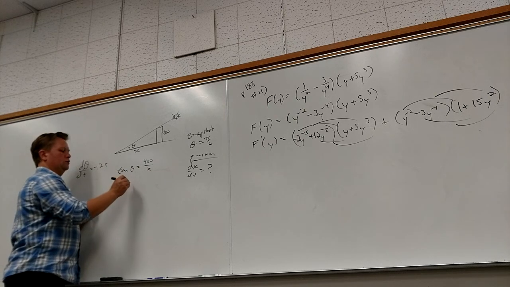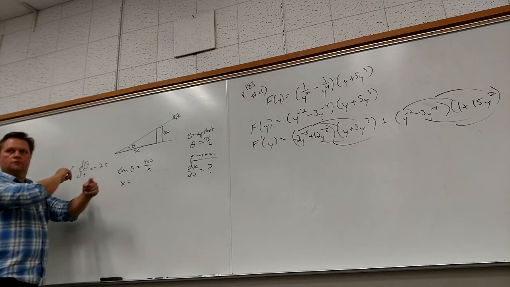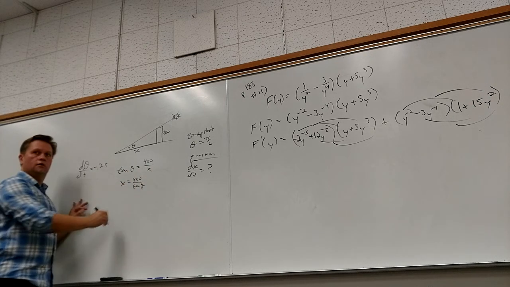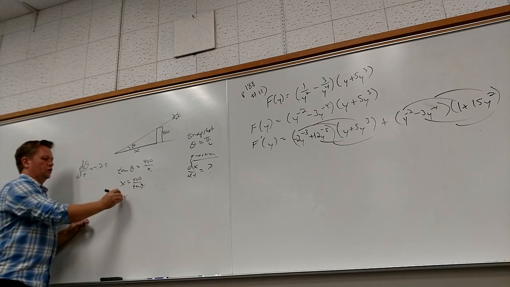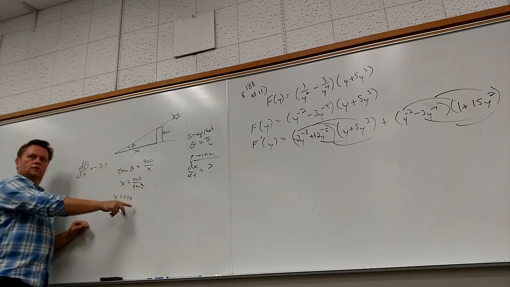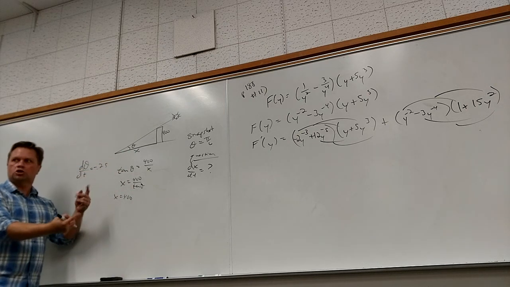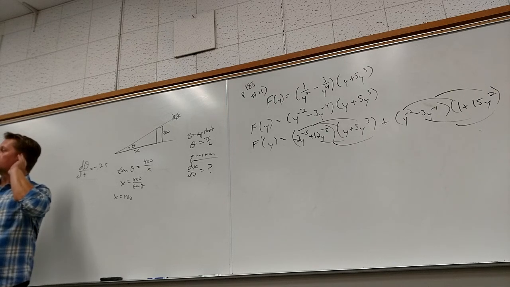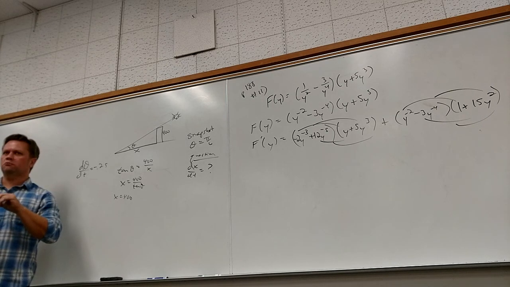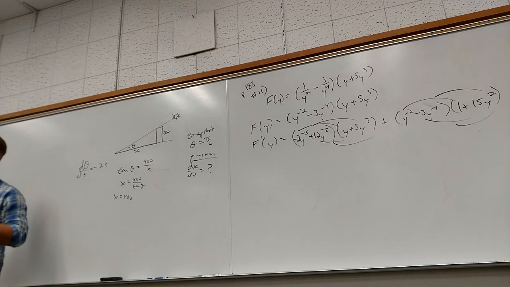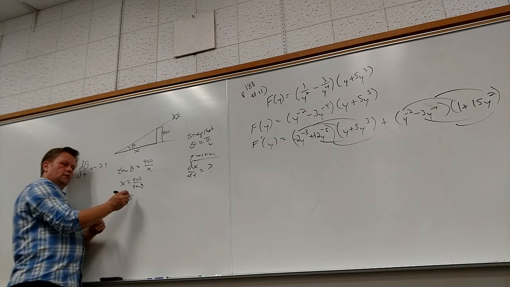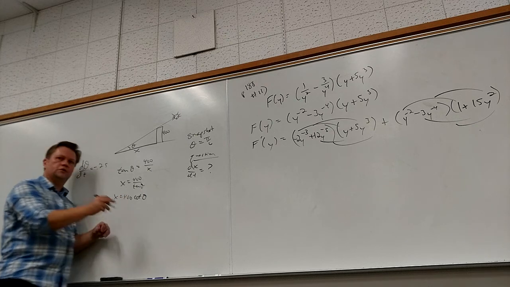So x equals 400 over tangent theta, or otherwise x equals 400 times the reciprocal of tangent. What is that? Cotangent.